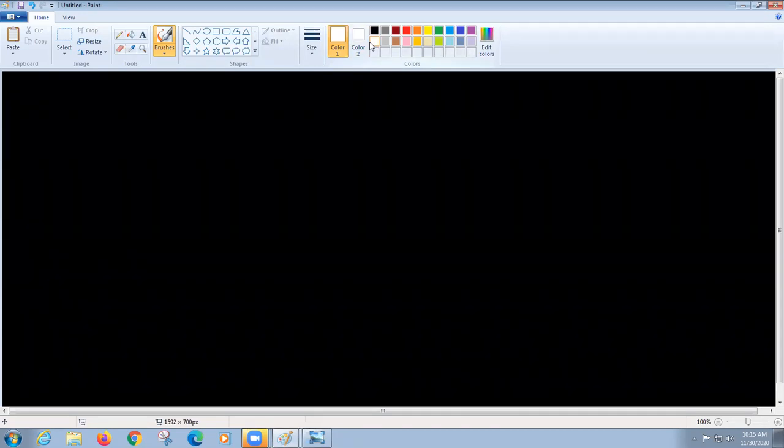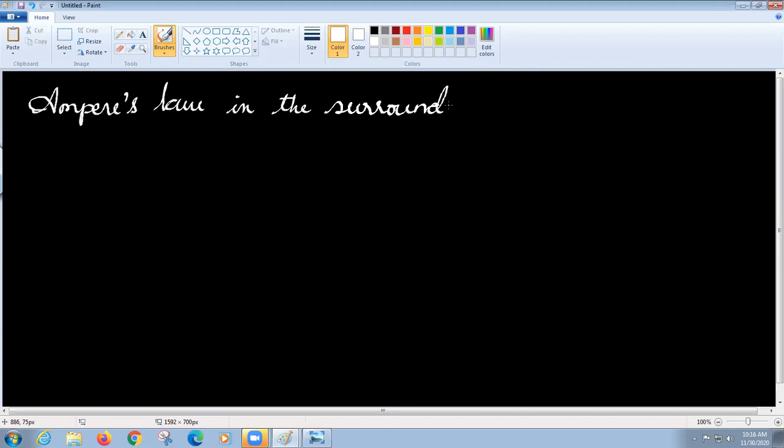So now what I do, I'll use my Ampere's law. Ampere's law and the surroundings of a charging capacitor.